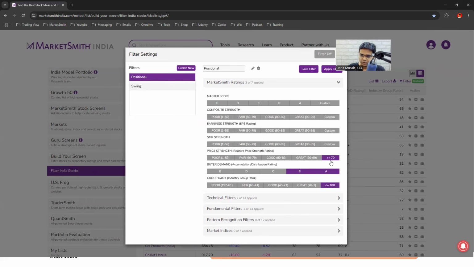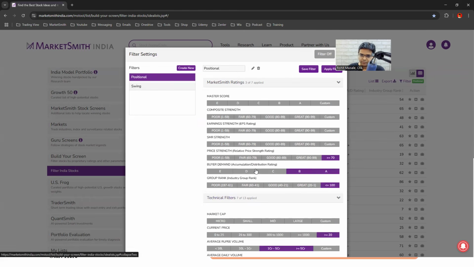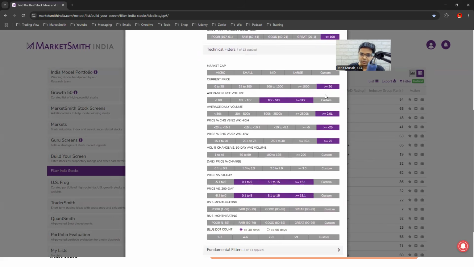Okay, so these are the filters. Relative strength more than or equal to 70. Institutional demand A or B. Group rank less than or equal to 100. Price more than or equal to 20. Average rupee volume more than 1 crore. Average daily volume more than 2 lakh shares traded, 200,000 shares traded. Price should be within 25% of the 52-week high.